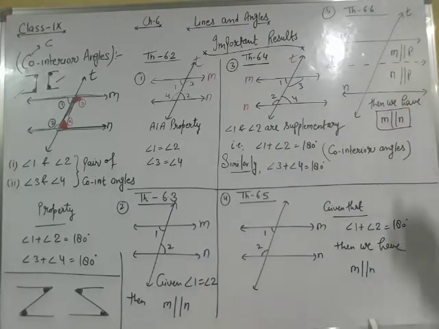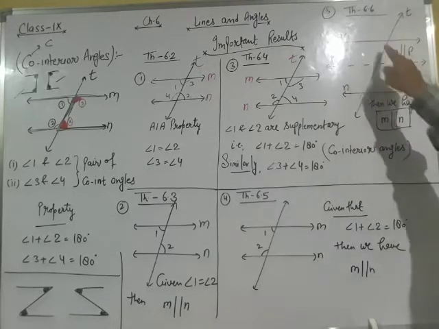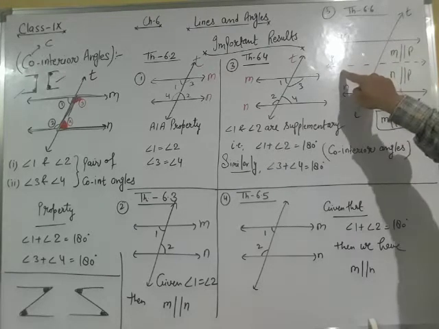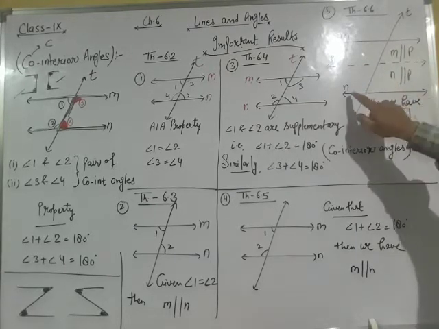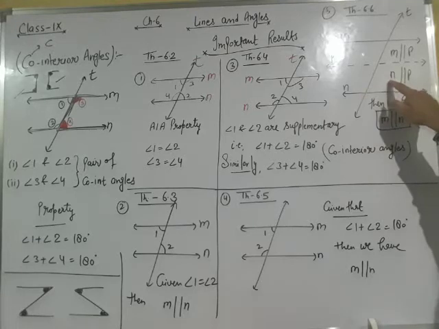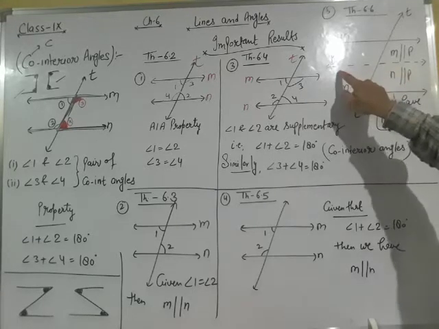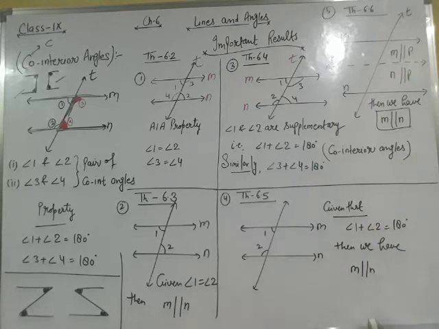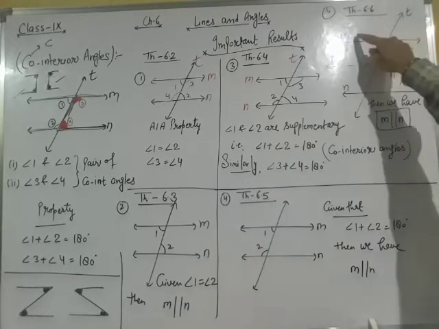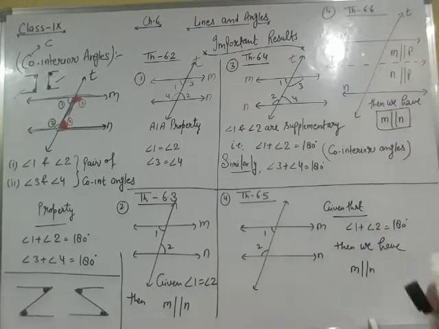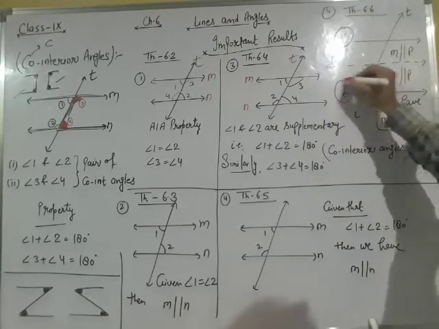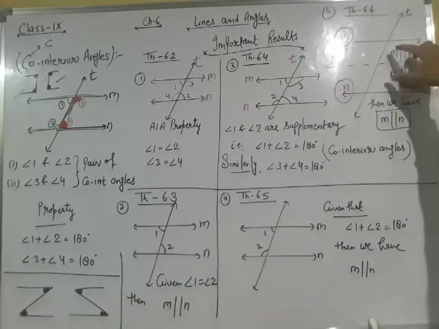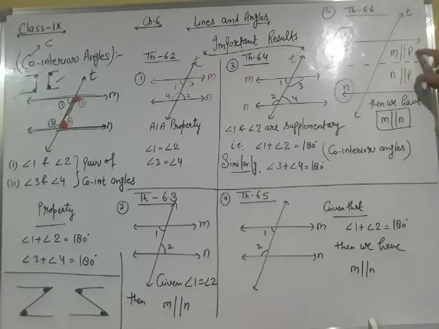So given that line m is parallel to line p and also line small n is parallel to line p, right? What do you understand? Both lines, line m as well as line small n, are parallel to the same line p.